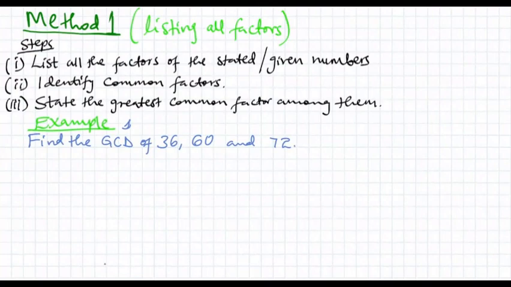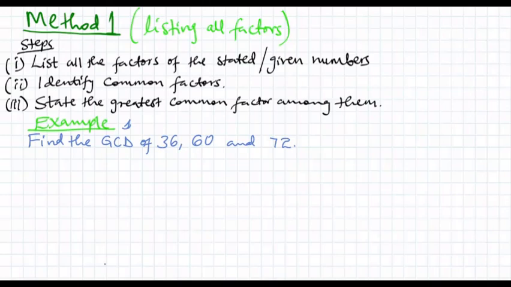The first method that we have is listing all factors. So we are going to use this method to find the GCD of numbers. The steps are such that you list all the factors of the stated given numbers. That is the first step we are going to do.